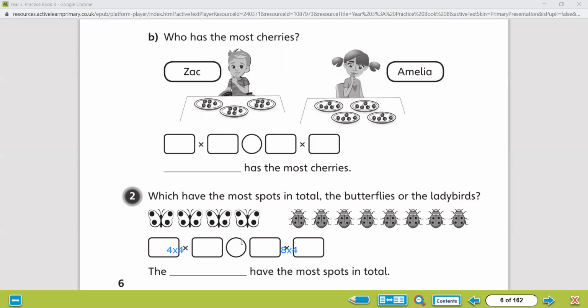So the ladybirds have the most spots. So I would write here, ladybirds.